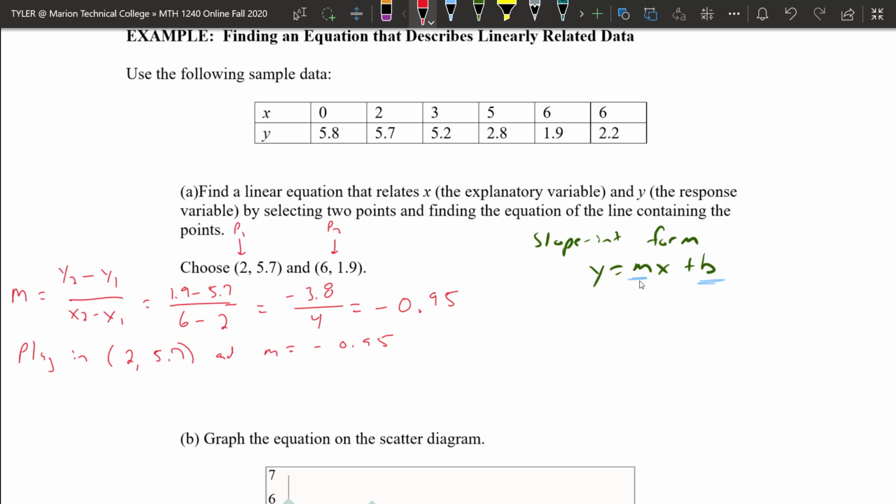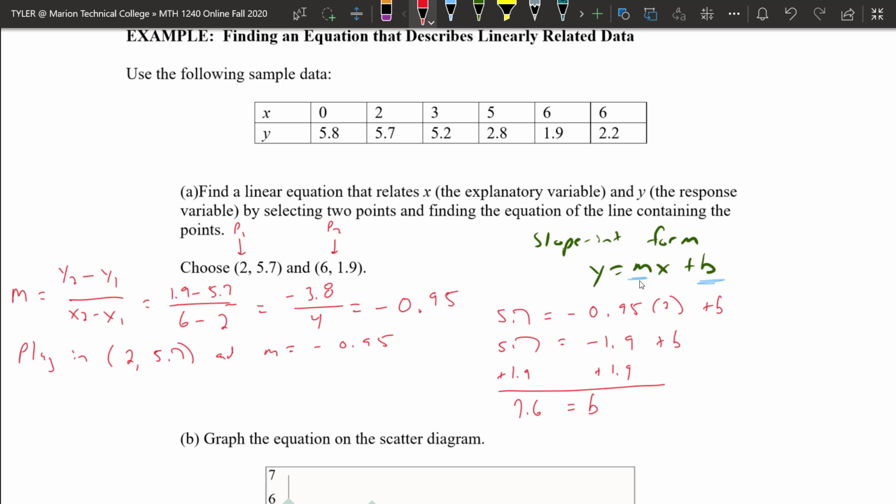So we would have 5.7 equals negative 0.95 times 2 plus b. Negative 0.95 times 2 is negative 1.9, so 5.7 equals negative 1.9 plus b. Then I can add 1.9 to both sides, and I'm left with 7.6 equals b.